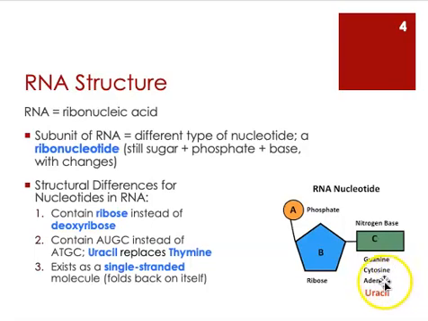Instead, there's a very similar looking base called uracil. So instead of having A's and T's and G's and C's, in RNA there's A's and U's and G's and C's. That's the first difference.